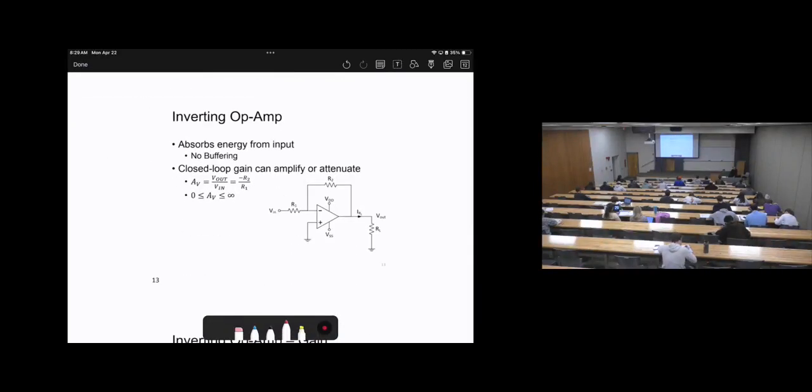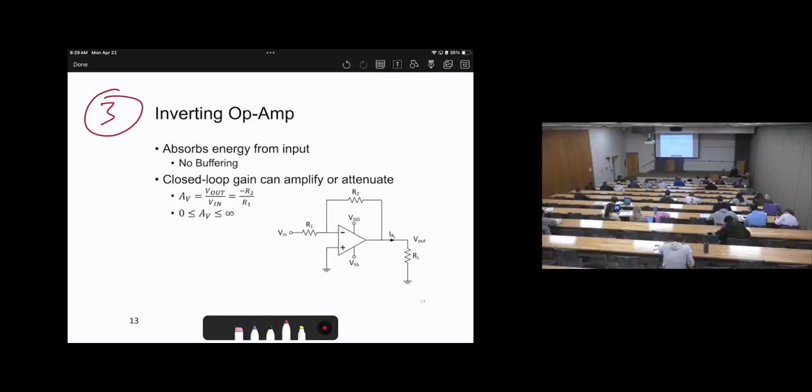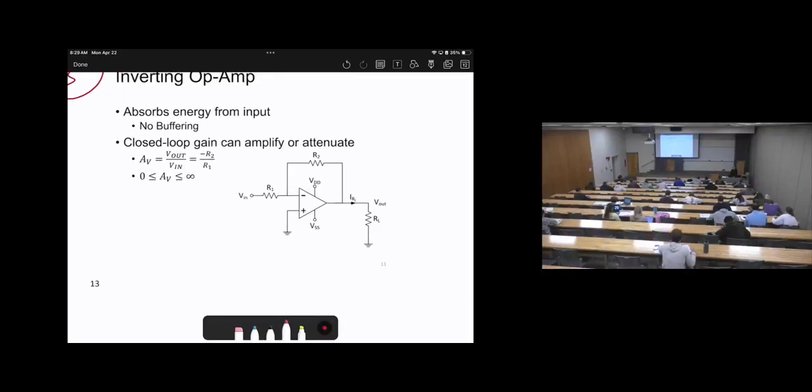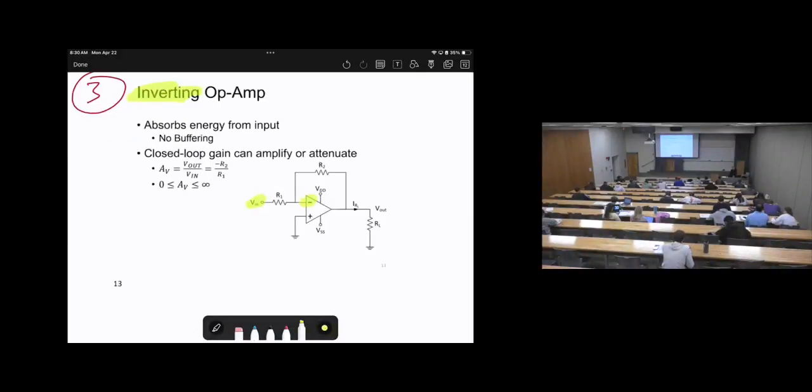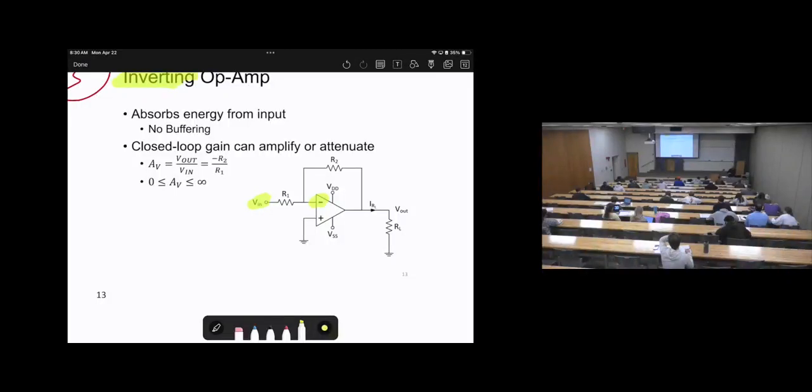Third application, inverting amplifiers. You can notice that since it is inverting, the input enters the negative. That's the difference. Non-inverting, input enters positive. Inverting, input enters the negative. Okay? Then V out equals the closed loop gain times Vin.